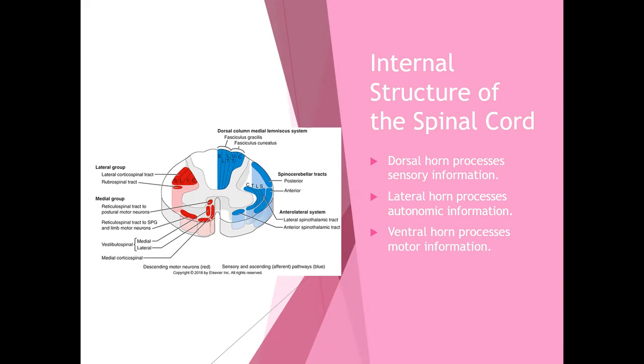So they're the dendrites and somas of the second-order sensory neurons, if you want to think about that. So the somas of the second-order neurons in the spinothalamic pathway are in the dorsal horn.